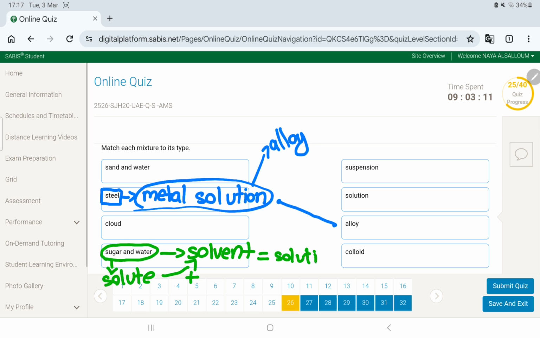Solution. Right? So, sugar and water is a solution. Why? Because it is composed of a solute and a solvent. Let's see next. Sand and water. Now guys, here, let's say you have this is water.